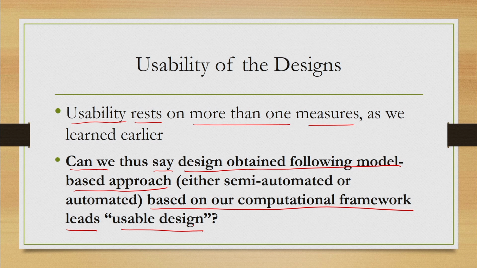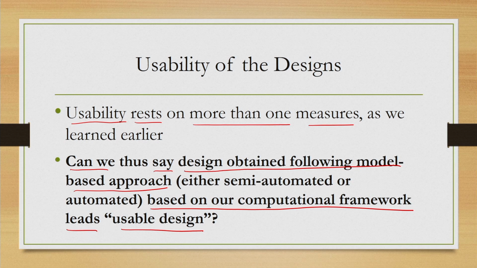So, we are using our framework to implement some design approach, but the core concept in the framework is computation of the user behavior, which we represent by implementing some computational user models, where the output is some performance measures. Now, these performance measures can be indirectly related to usability, as we have discussed earlier.